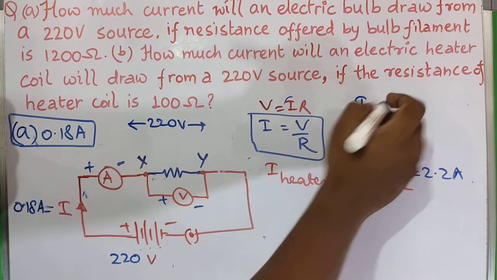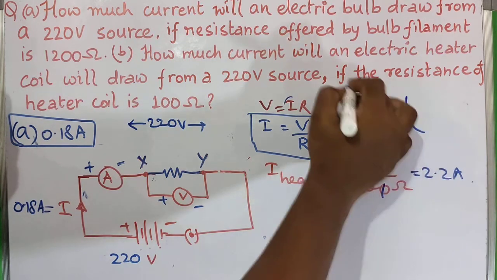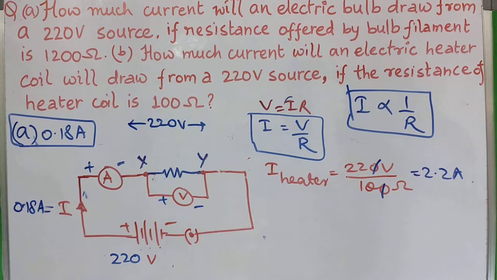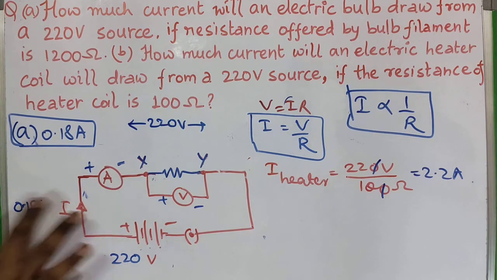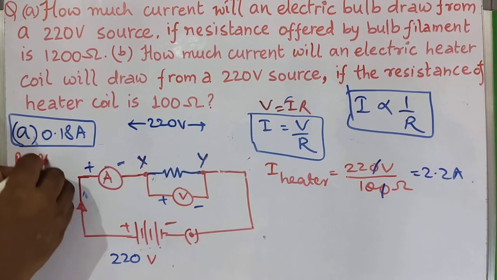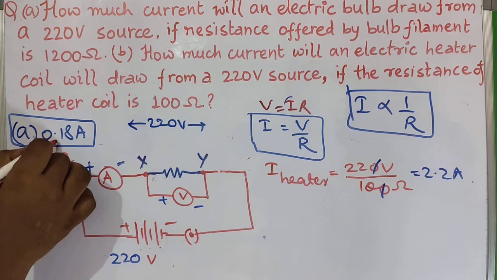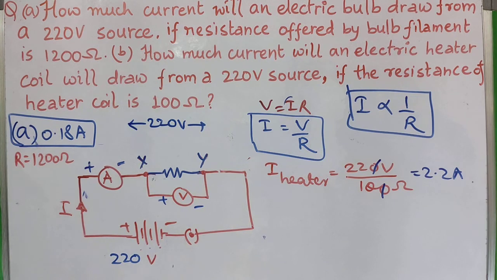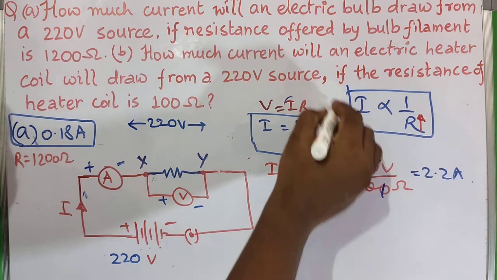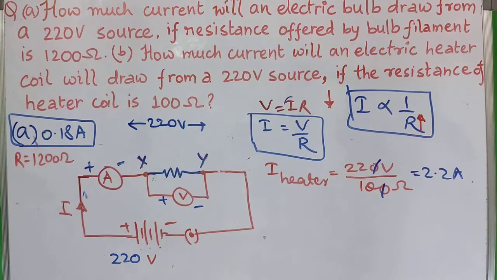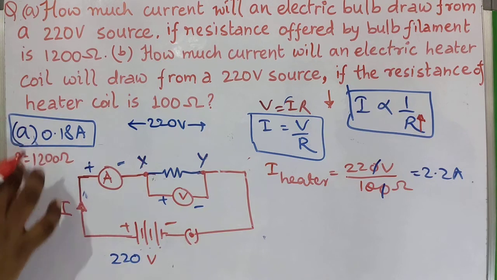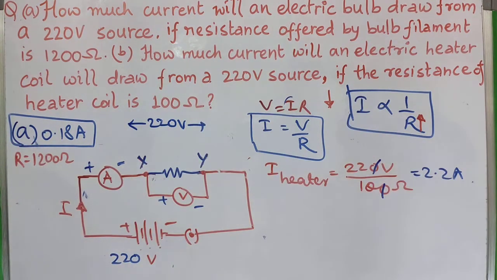If the voltage is kept constant, what did we see? I is inversely proportional to R. In the first case, the resistance was 1200 ohms and the current is 0.18, so the current is less. In the second case, when the resistance is just 100 ohms, see the current has increased to 2.2.